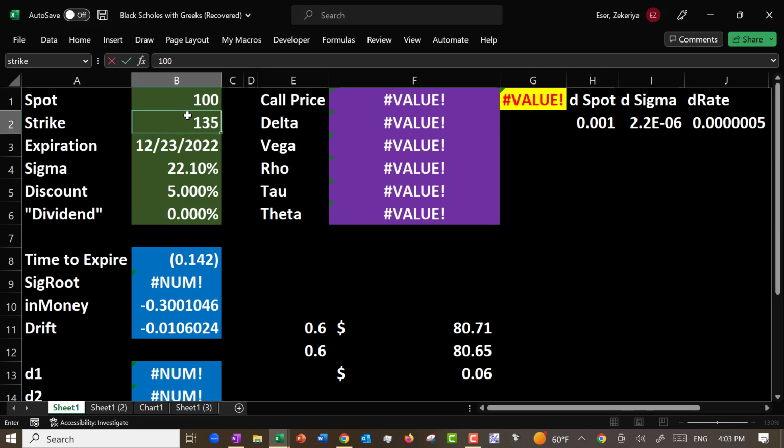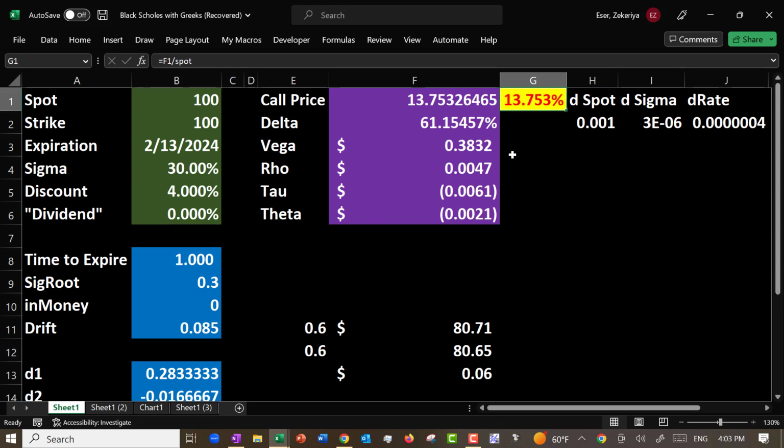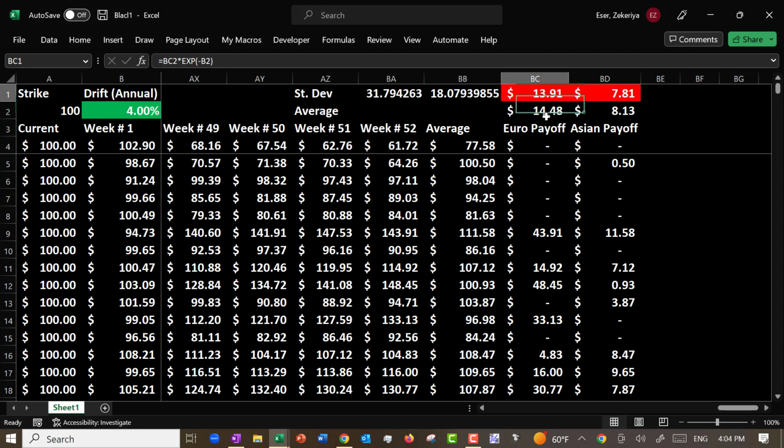Hundred, 1 year from now, it is what? 02/13/24, sigma 30, discount 4. Okay. 1375 is the European call option exact price. Ours is 1391. So it's overstating it.